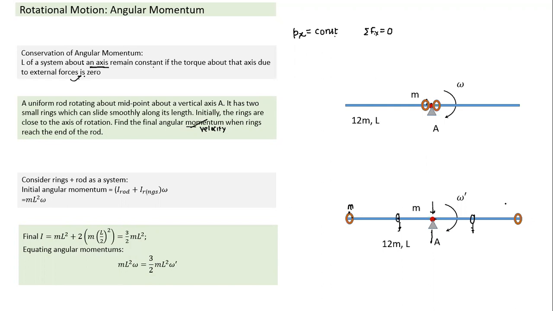The other one is also m into L by 2 whole square. This is the new moment of inertia. We equate the angular momentum, initial moment of inertia into omega and final moment of inertia into omega dash, and we can find the final angular velocity. That's a typical example of conservation of angular momentum. Whenever I changes, correspondingly omega also has to change.